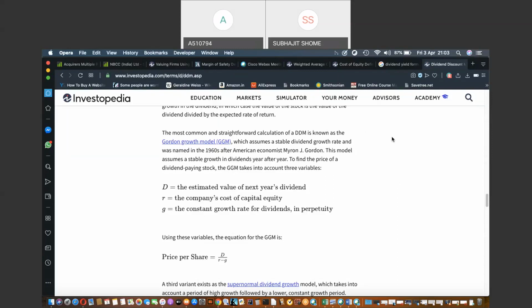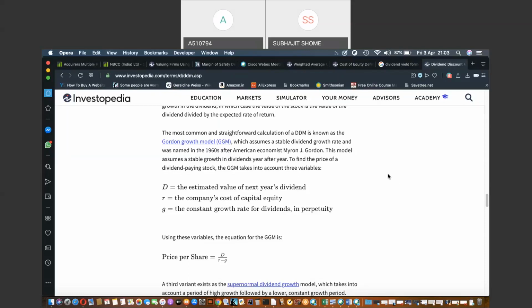From that we subtract 0.1. How much do you get? 0.002. So 0.0352 is divided by 0.002.